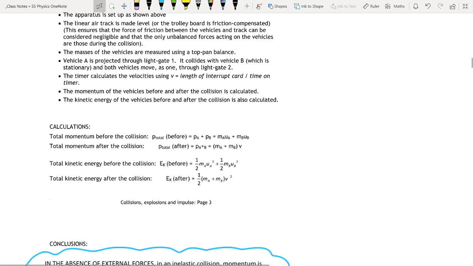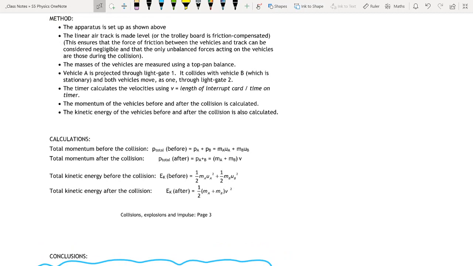So these are the equations that you would use. The momentum before is the momentum of trolley A plus the momentum of trolley B. So m times u, which is the initial speed, for A, and m times u for B. The initial speed for B was 0.